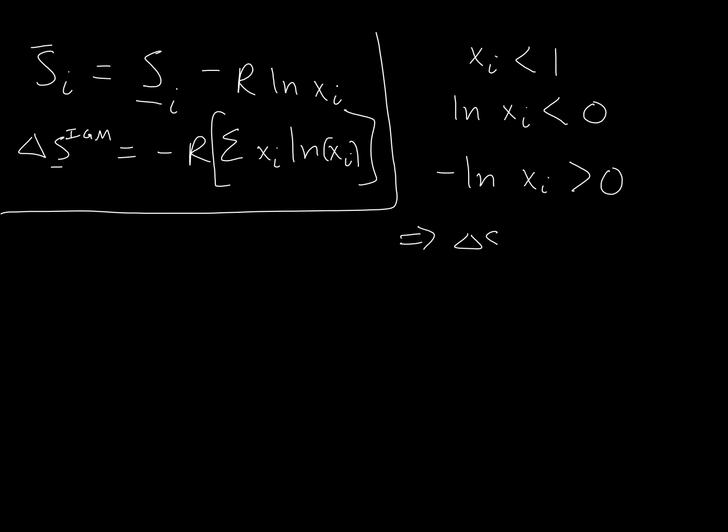Therefore, the delta S of mixing is greater than 0 always, and the entropy of a species in a mixture is always greater than the entropy of the species as it is alone. Because at a minimum, even for an ideal gas, effectively what we're doing is increasing the volume of that particular ideal gas. As you increase the volume of something, it's got more room to move around in, and so conceptually that means we should have a greater entropy of the system as well.